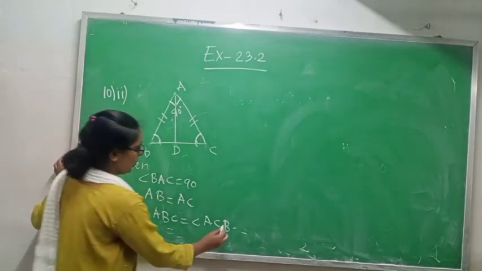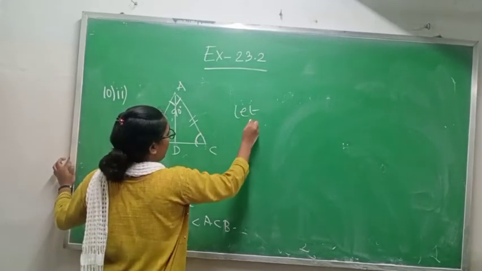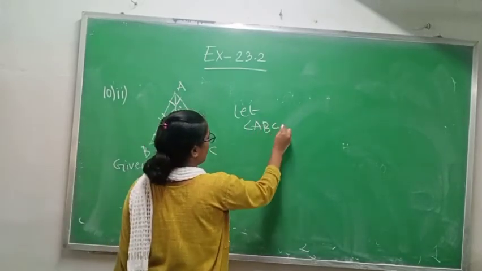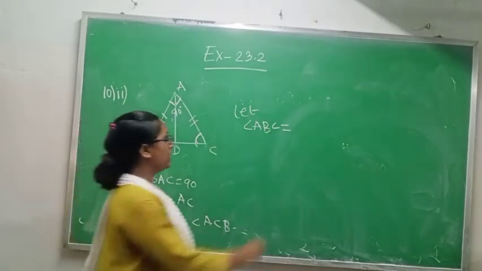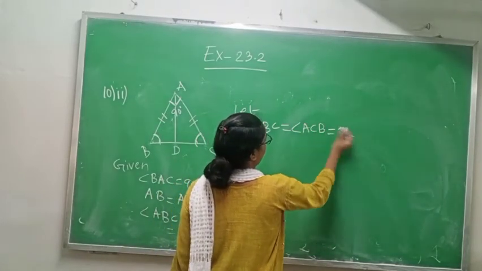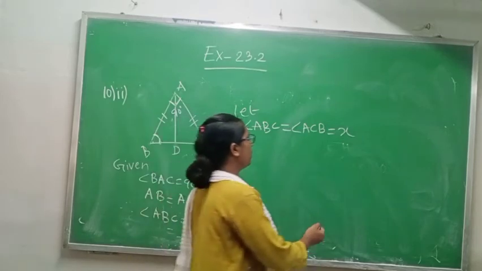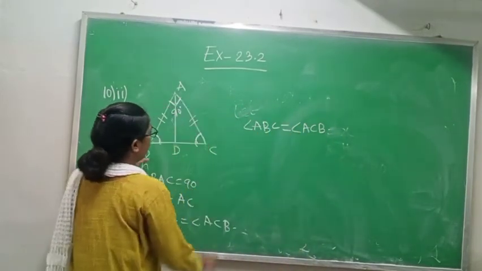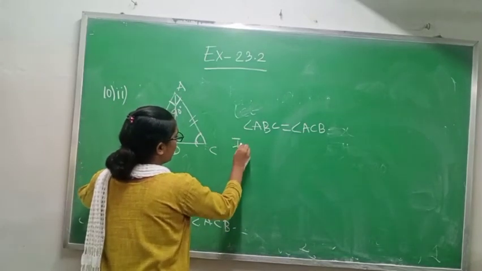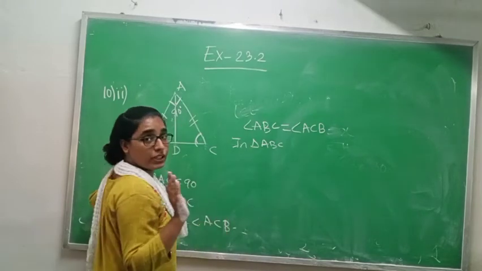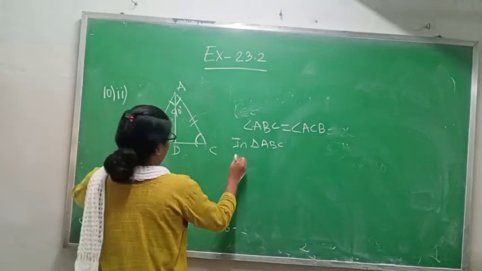Now let angle ABC equals angle ACD equals x. Or if you don't want to let, leave it like this. These two angles are equal. In triangle ABC, the sum of three angles will be 180 degrees.